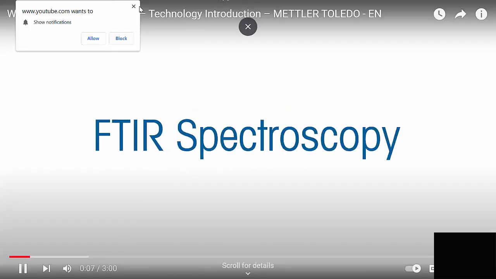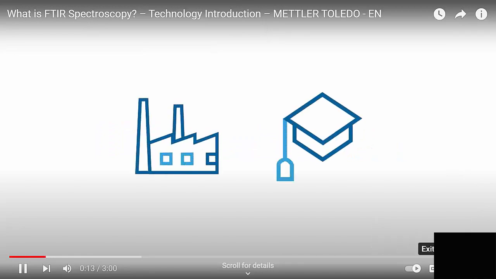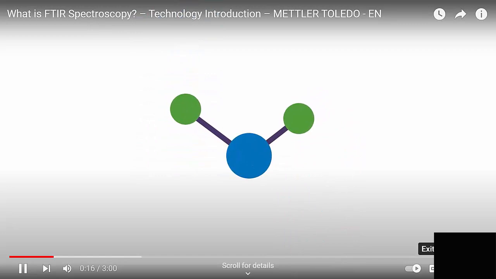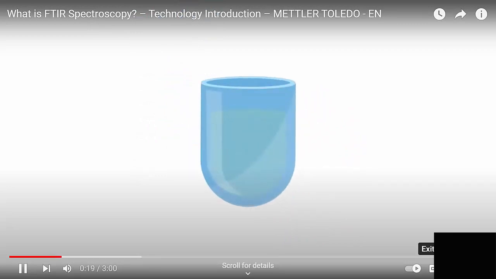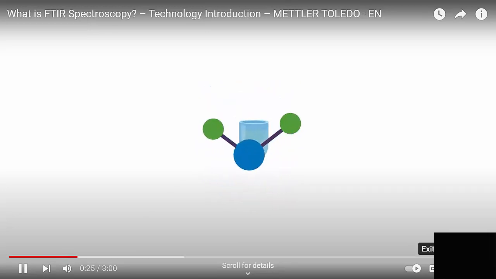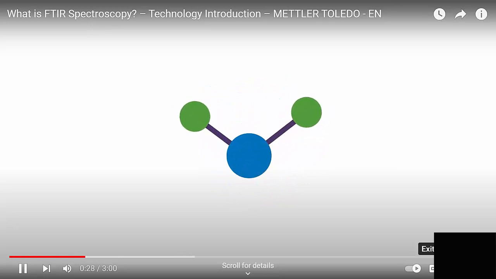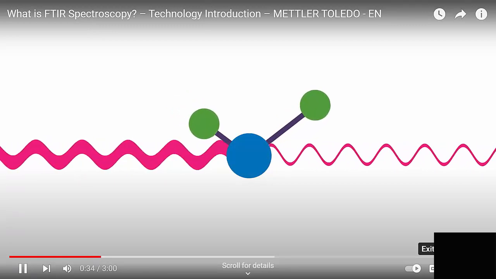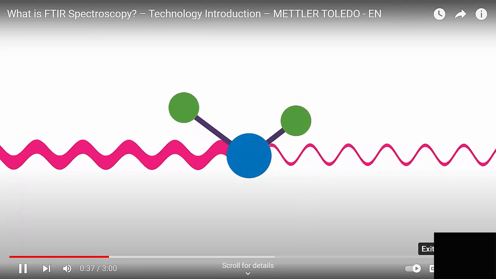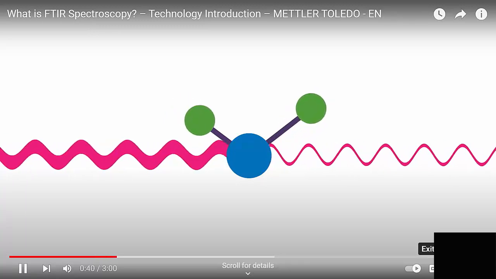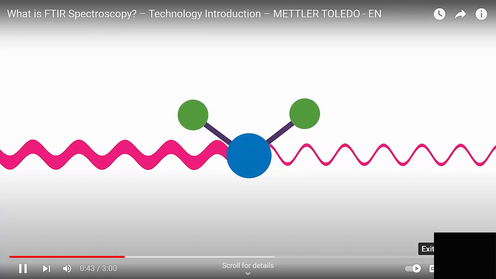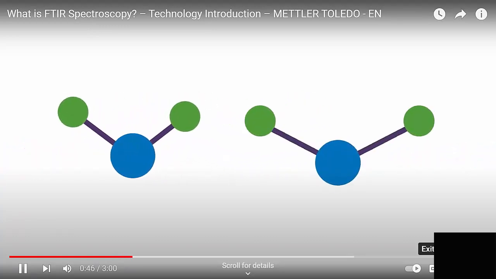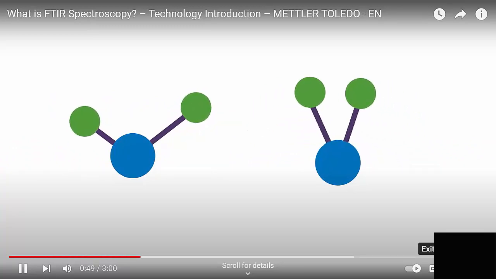Fourier transform infrared spectroscopy, or FTIR, is an analytical technology. Sorry, the volume's low, but you could just look at the pictures. It is used to understand the structure of molecules and the composition of molecular mixtures. FTIR spectroscopy uses modulated mid-infrared energy to interrogate a sample. The infrared light is absorbed at specific frequencies directly related to the atom-to-atom vibrational bond energies in the molecule. When the bond energy of the vibration and the energy of the mid-infrared light are equivalent, the bond can absorb that energy. Different bonds in a molecule vibrate at different energies, and therefore absorb different wavelengths of the IR radiation.